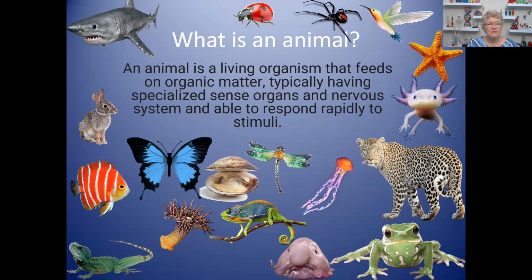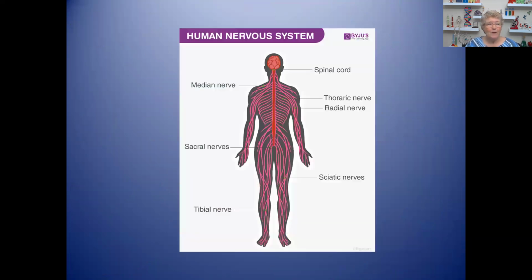All right. Now, where is a nervous system? Where's a person's nervous system? Do you know what we mean by nervous system? So basically, a nervous system is all over the place. We've got a lot of concentration here in the brain, and we have a lot of concentration here in the spinal cord.